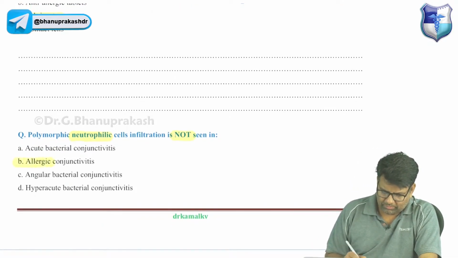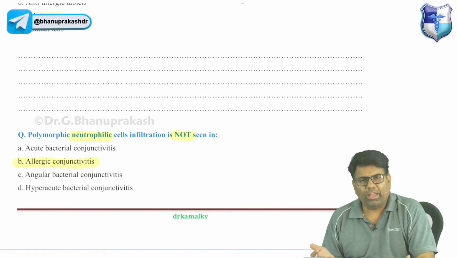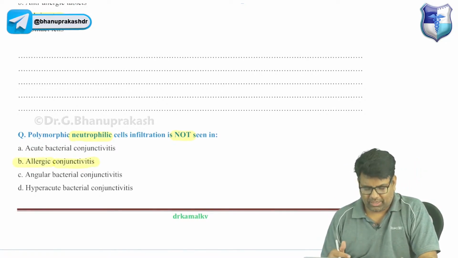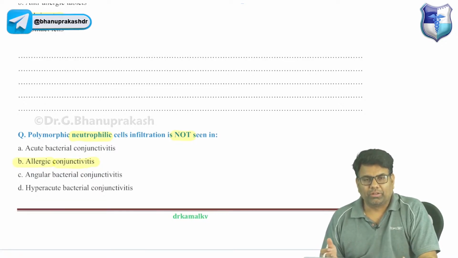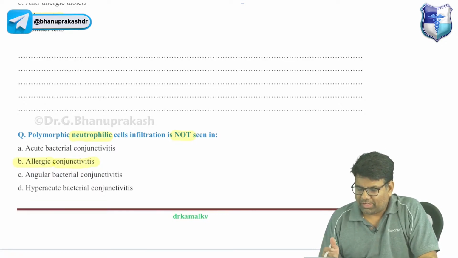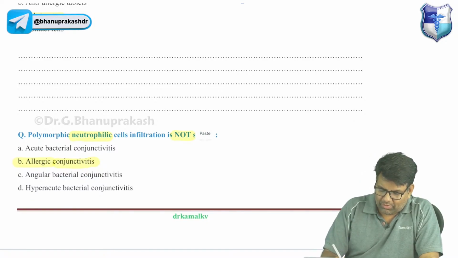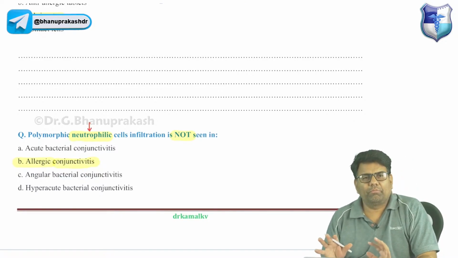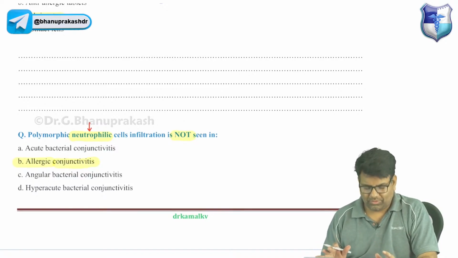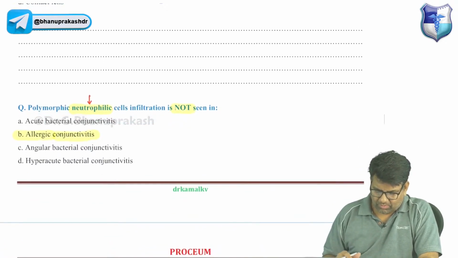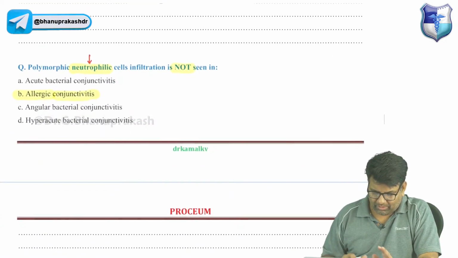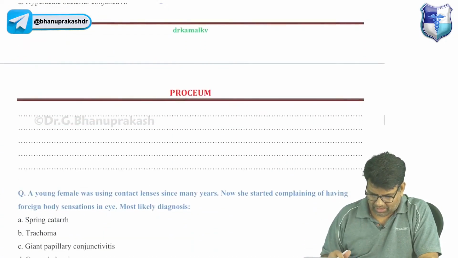There is no way you can have neutrophilic infiltration in a case of allergic disorder. So yes, everyone is right, B. Whenever you find the word neutrophil, always think of bacterial entities. Neither allergic nor viral, we don't find neutrophilic involvement there. This is as simple as that.